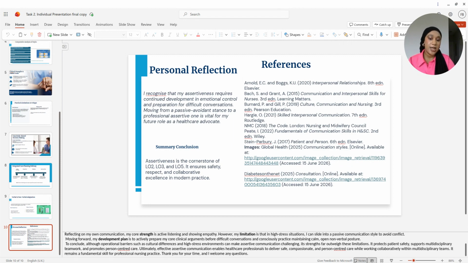Ultimately, effective assertive communication enables healthcare professionals to deliver safe, compassionate, and person-centered care while working collaboratively with multidisciplinary teams. It remains a fundamental skill for professional nursing practice.